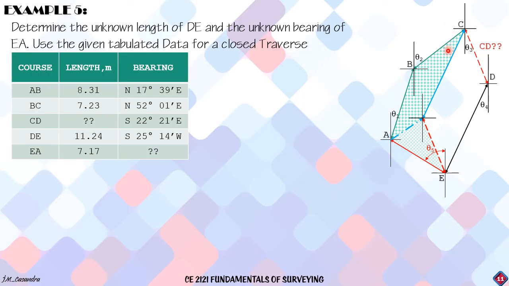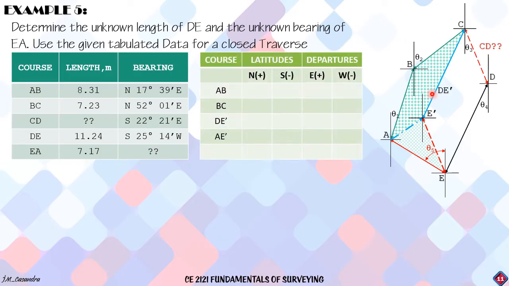The shaded area will be the figures we are going to analyze. So let's start first with the closed traverse A, B, C, and this point, let's call it E prime, and the moved line DE as DE prime, or still it's DE.